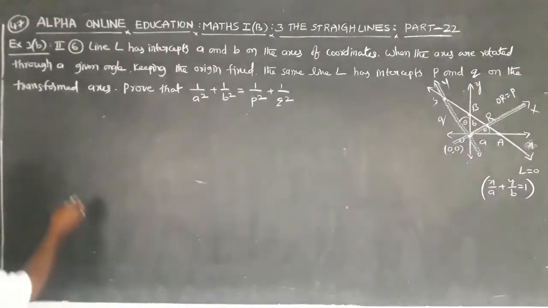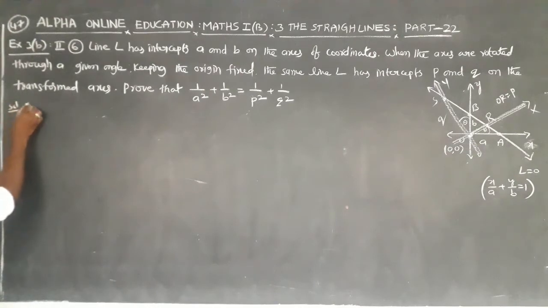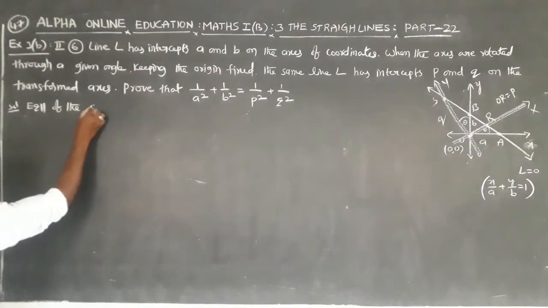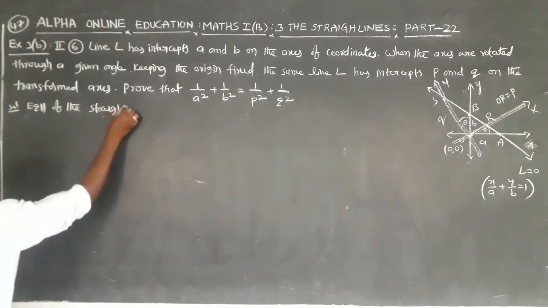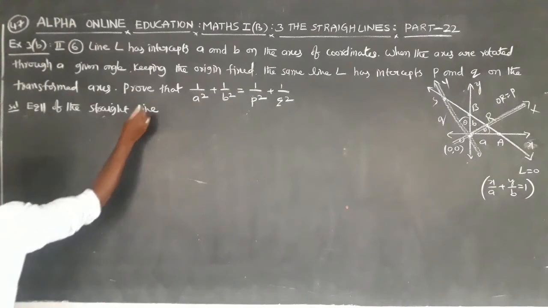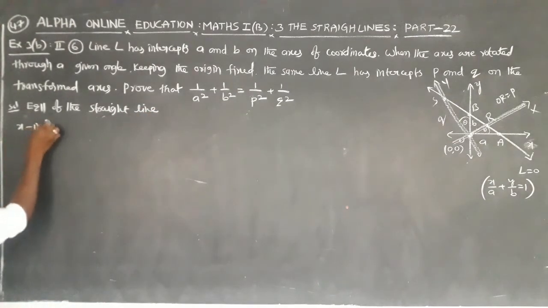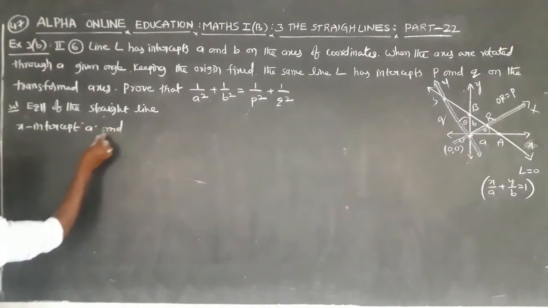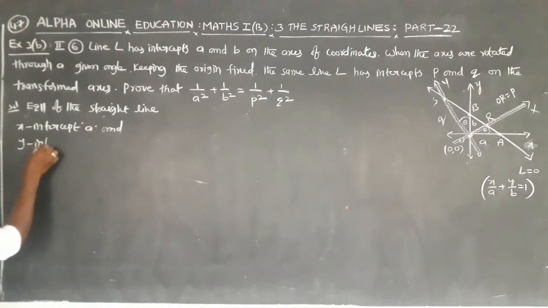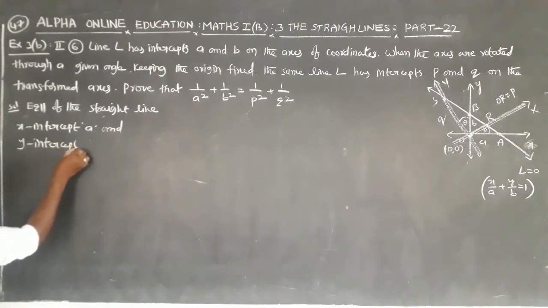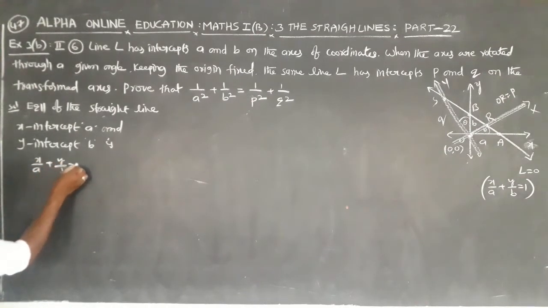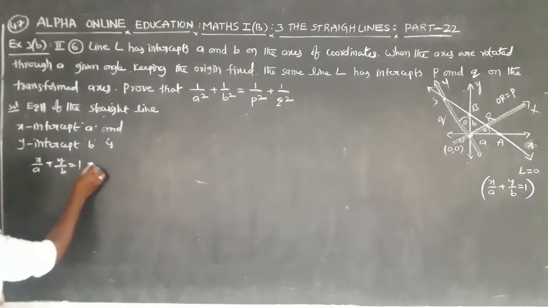First of all, write the equation of the straight line with x-intercept small a and y-intercept small b: x by a plus y by b is equal to 1.